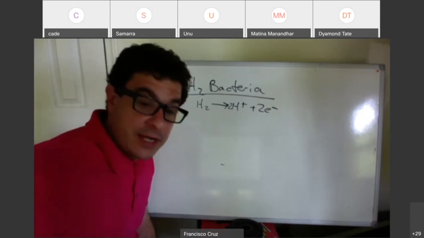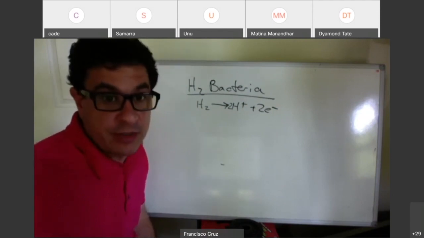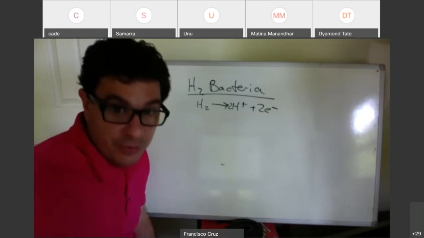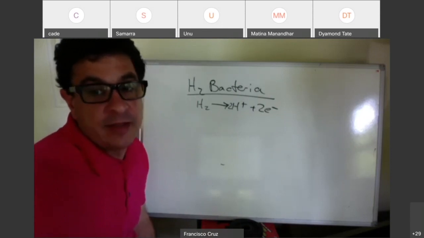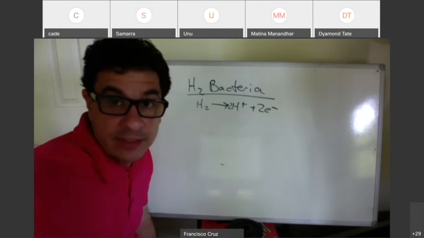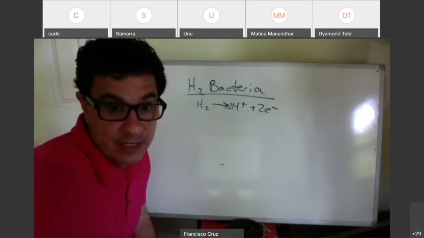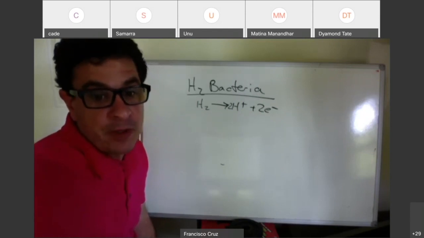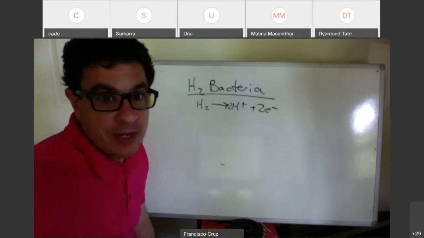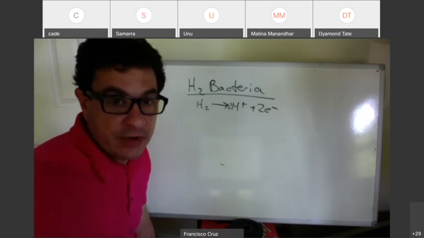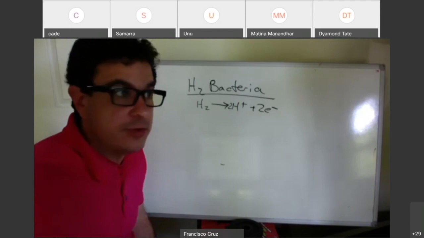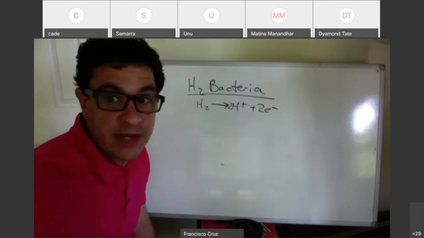Now, these hydrogen oxidizers, these autotrophs, I should say, fix CO2 by the Calvin cycle. So it's not just a plant thing. Every time we have something inorganic as our electron donor, we're going to need to use either the Calvin cycle or reverse TCA in order to fix our carbon.